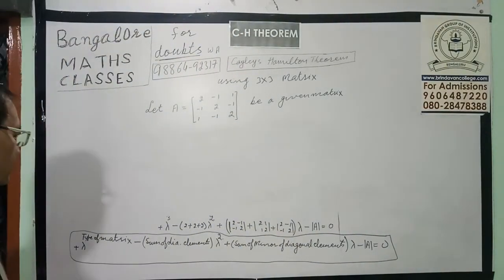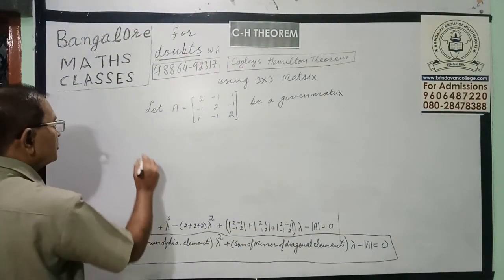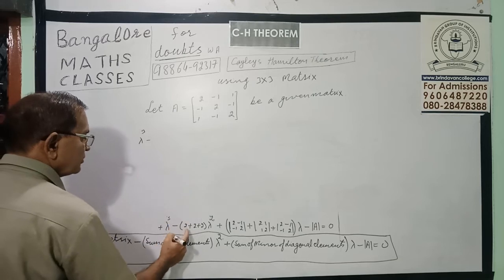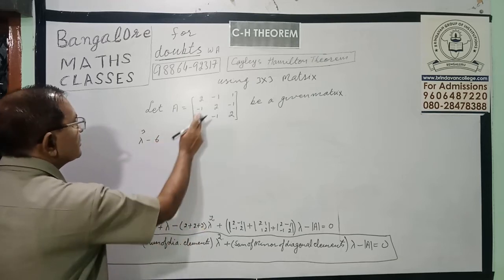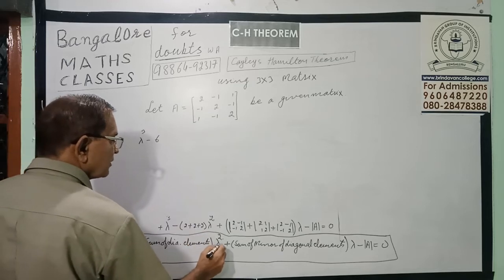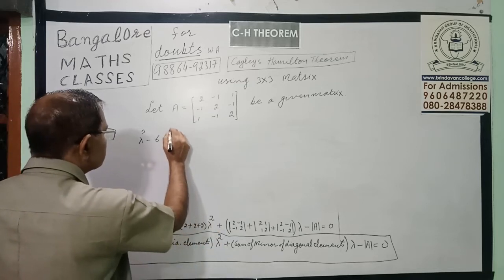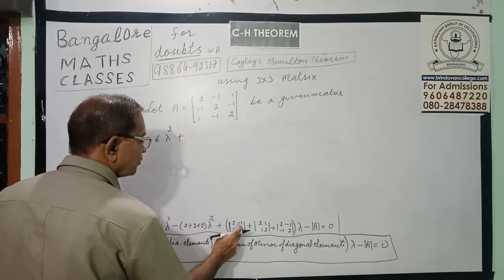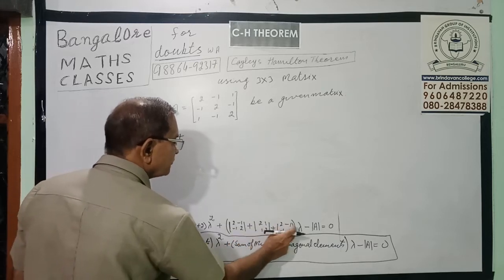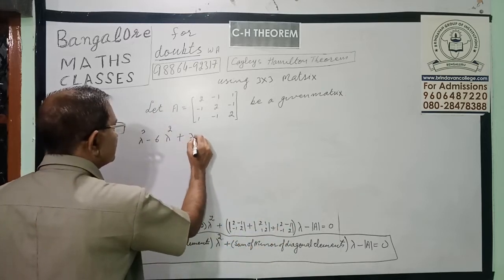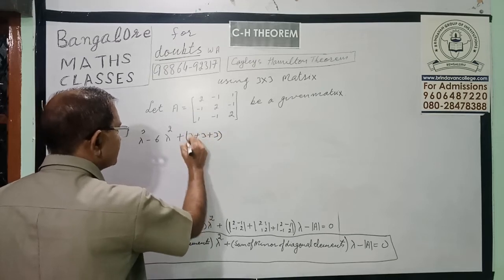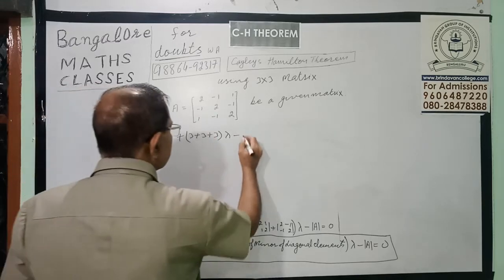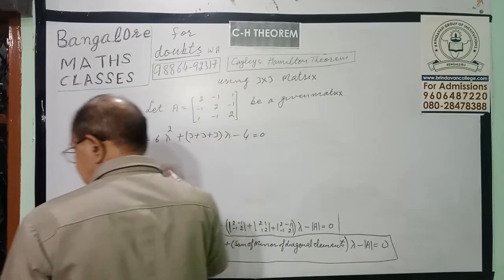See, the equation will come out to be lambda cube minus 6, the sum of the diagonal elements (2, 4, 6), lambda square plus the minors: 4 minus 1 is 3, and in all the cases it comes out to be 3 plus 3 plus 3, so 9 lambda, minus the determinant of A. Its determinant will come out to be 4, please find it yourself.